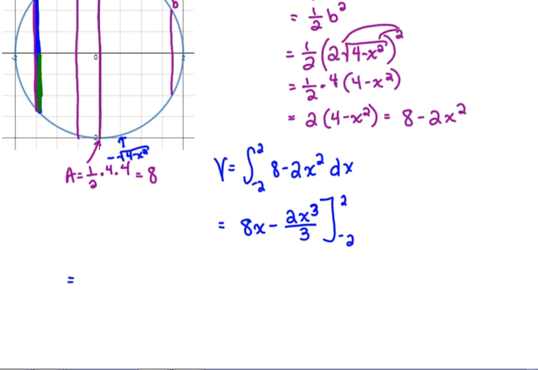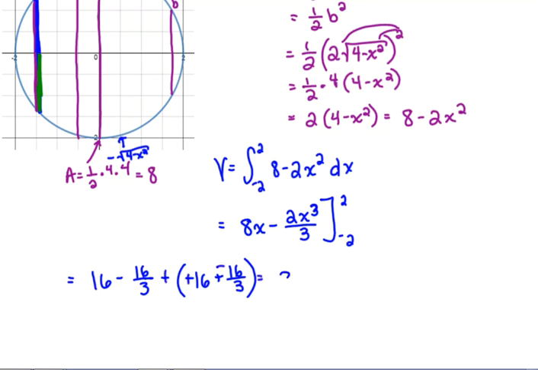So if we plug this in, we get 16 minus 2 cubed, which is 8, times 2 is 16 over 3. Minus, plug in a -2, so -16, and that would give us +16 over 3. Be careful with these, because right now it kind of looks like things cancel, but remember, you're subtracting, so change those signs and add.